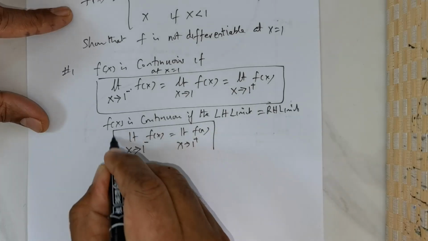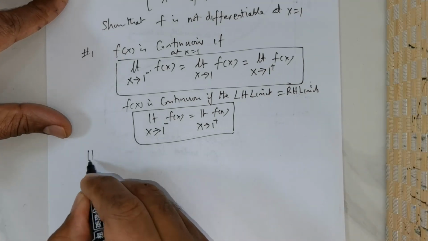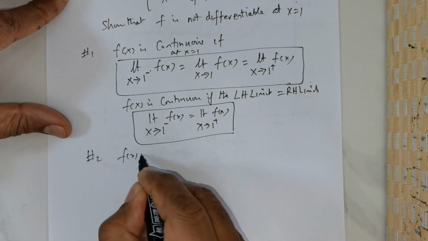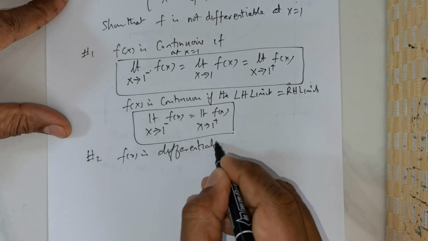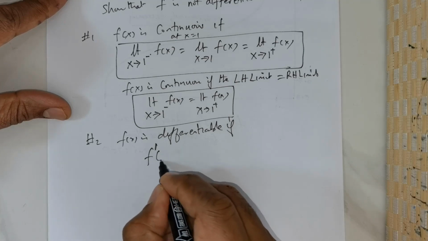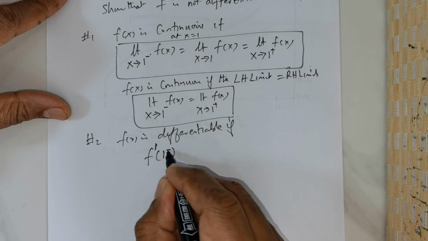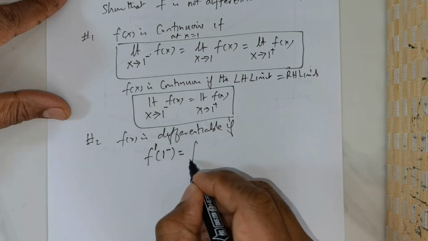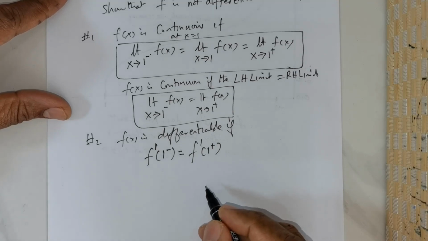If this holds good, then the function is continuous. Now condition number 2, f of x is differentiable if f dash of 1 with the negative sign equals f dash of 1 with the positive sign.